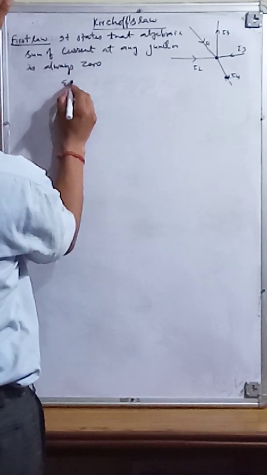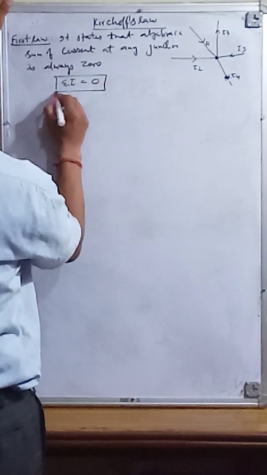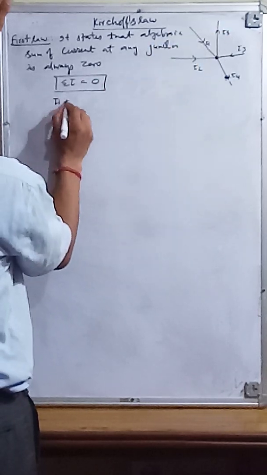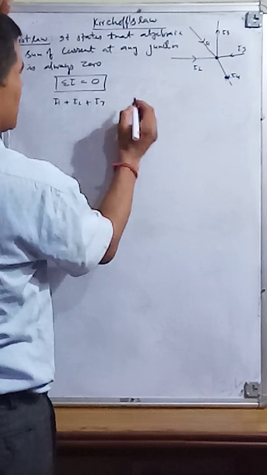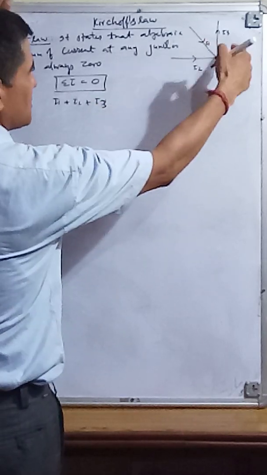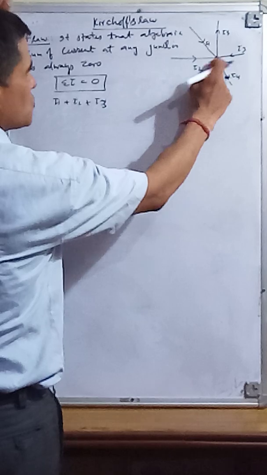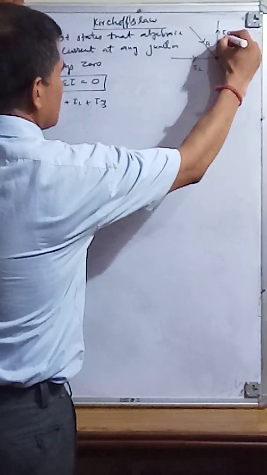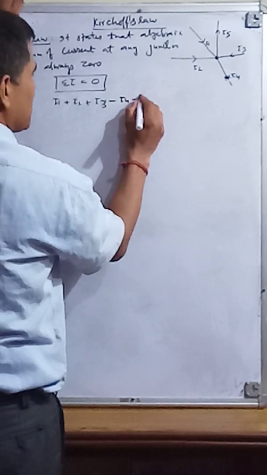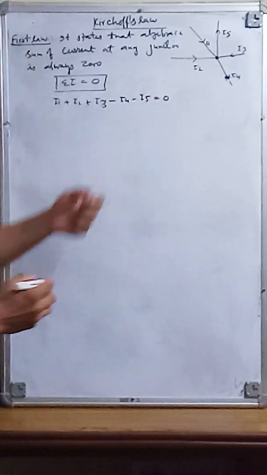Here the algebraic sum is sigma I = 0. Algebraic sum means, here I1, I2 and I3 are coming, and I4 and I5 are going, so the total comes out to be 0.